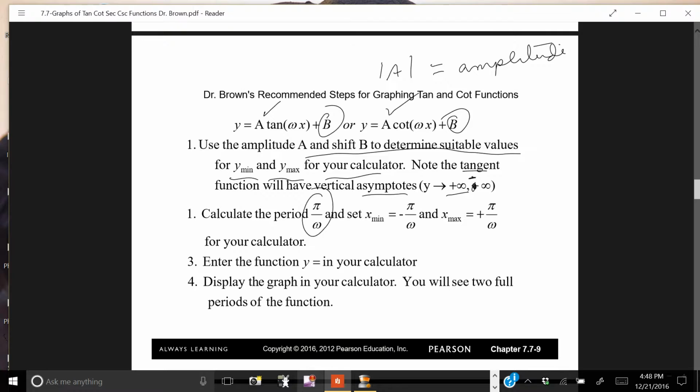Remember, the period of sine of theta was equal to 2 pi over omega. For the tangent and the cotangent, it'll be half as much, which will be pi over omega. And therefore, you would set your x min to minus pi over omega and your x max to plus pi over omega in your calculator. Enter the function into the calculator, display it on your calculator, and you'll see 2 full periods of the function.